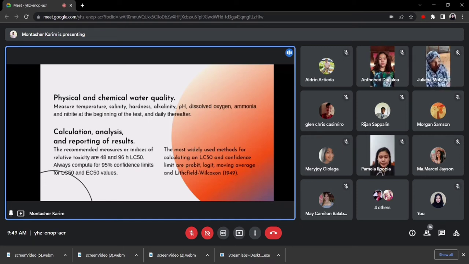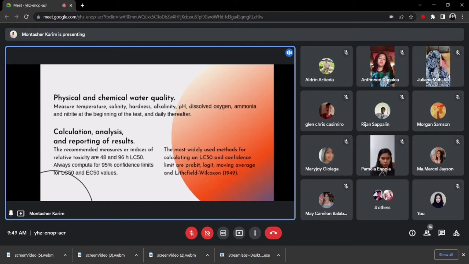The recommended measures of indices of relative toxicity are the 48 and 96 hour lethal concentrations. Also, compute the 95% confidence limits for LC50 and EC50 values.